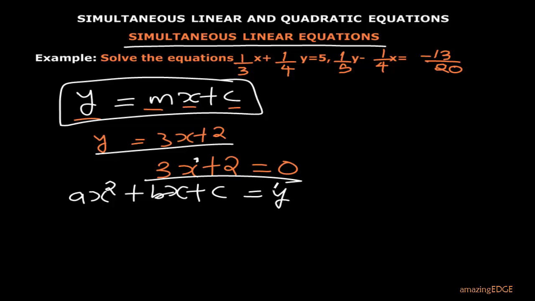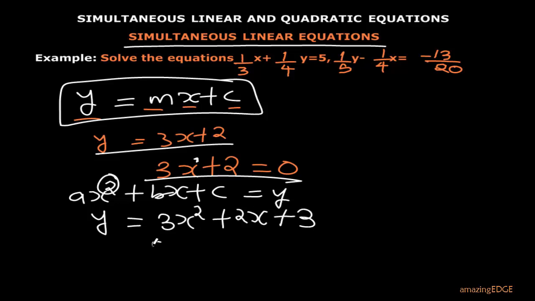This is an example of the general form of a quadratic equation. And what you watch out for is that the highest power of the independent variable is 2. So you look at a function of this nature, maybe 3x² + 2x + 3. This is a quadratic equation.